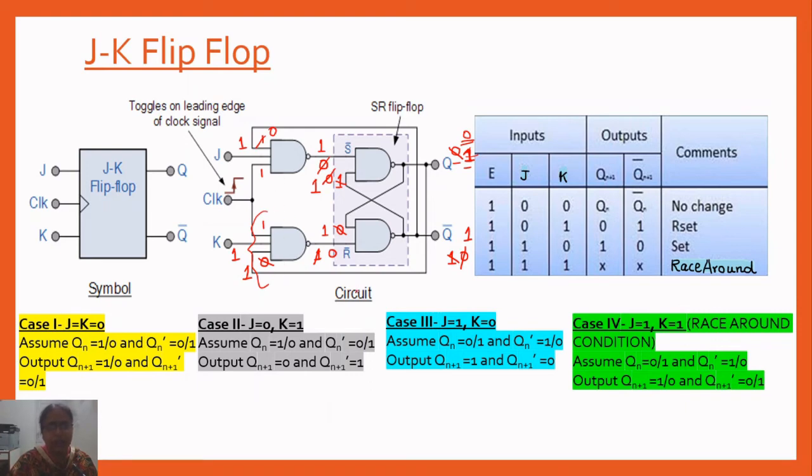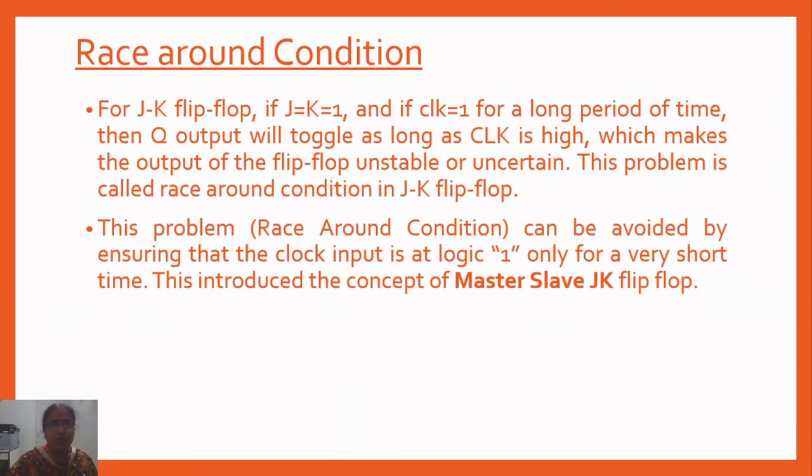Like this you can verify the JK flip-flop truth table. As we can see, this is a limitation of the JK flip-flop, that a race around condition occurs in the fourth case when J is 1, K is 1. So how can we remove it?